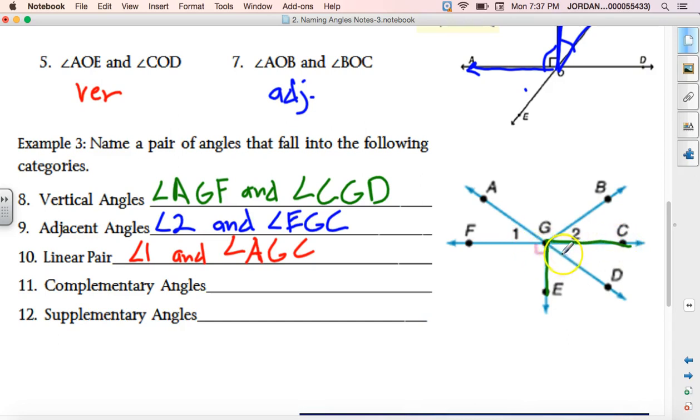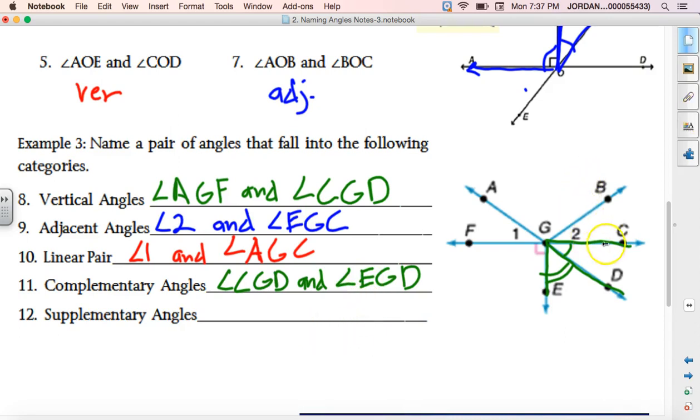So if this is 90, this has to be 90. So these two angles right here are our complementary angles. They're the two that add up to be 90. So I'm going to call those angle CGD and EGD. Just make sure the G's in the middle and use the other two letters on the outside and you're good.